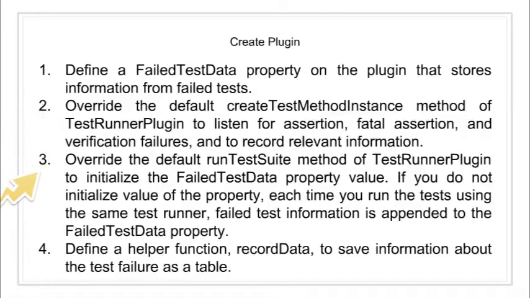Third, I have overridden the default run test suite method of the TestRunner plugin to initialize the failed test data property value. Then at last, I have defined a helper function, that is record data, that will save the information about the test failure in a tabular format.